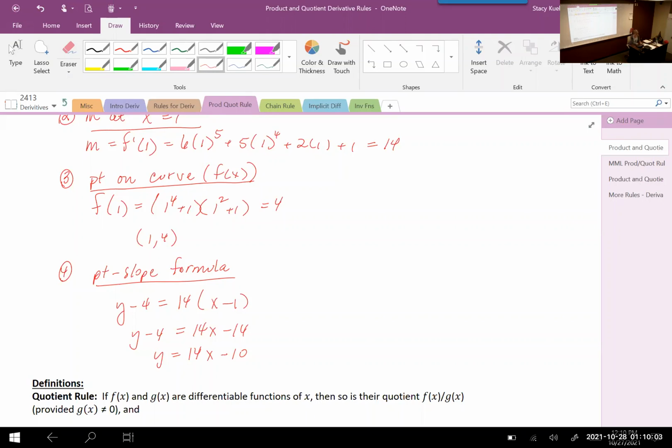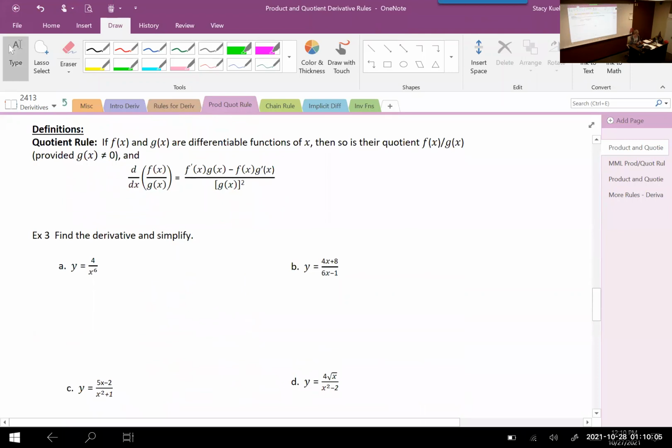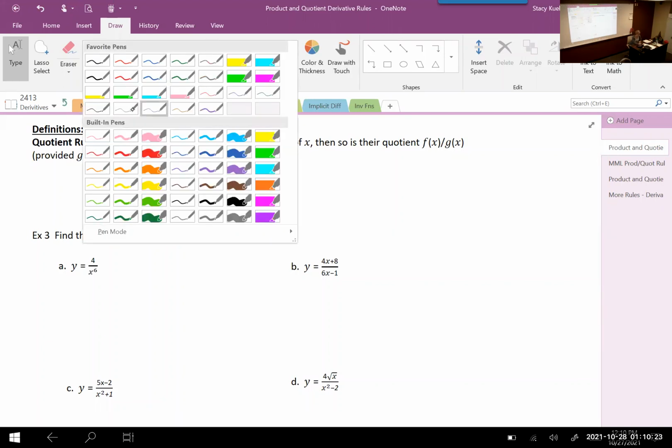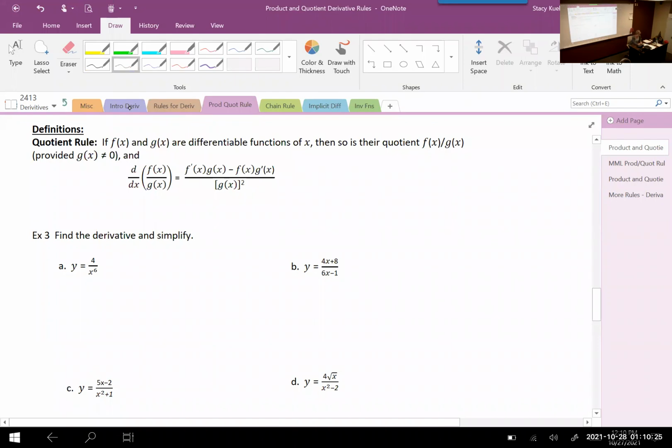Okay. Now we're going to talk about the quotient rule. So we talked about the product rule, now we're going to look at the quotient rule. And when you're doing the quotient rule, we're going to do something similar to what we did before.